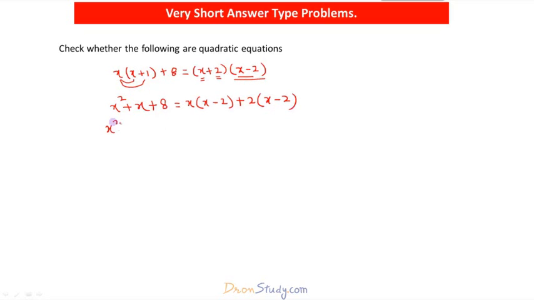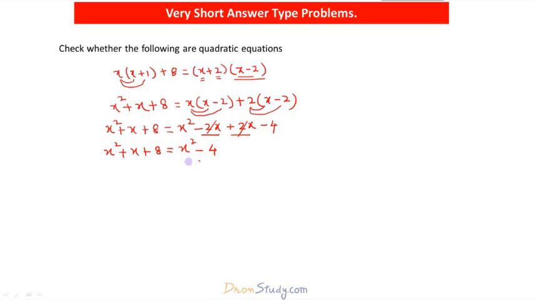So it will be x square plus x plus 8, that is equal to x into x, x square, x into minus 2, that is minus 2x, plus 2 into x, that is 2x, and 2 into minus 2, that will be minus 4. Now here it will be x square plus x plus 8, that is equal to x square. Now this minus 2x and plus 2x are the like terms. This will get cancelled, so minus 4.